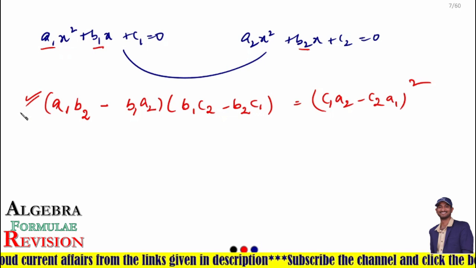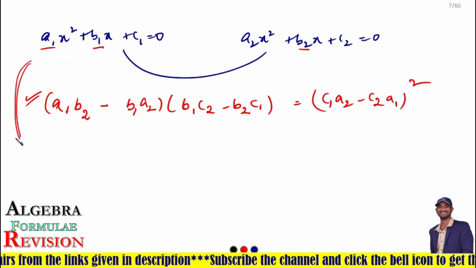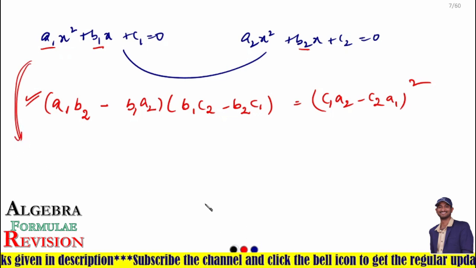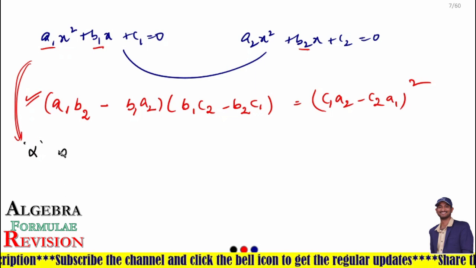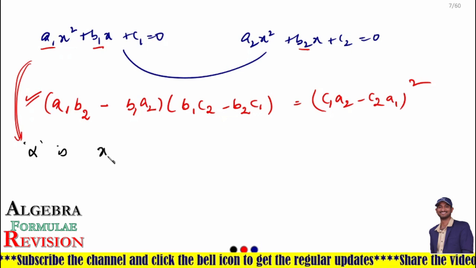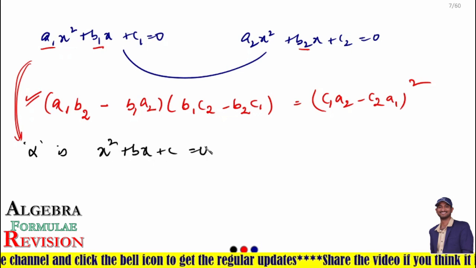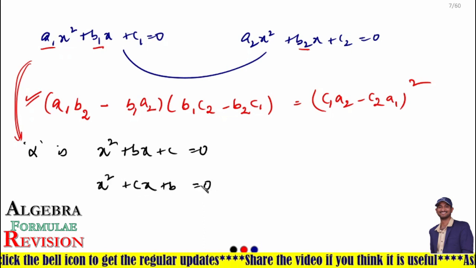And in these quadratic equations with a common root, we have a corollary. Suppose alpha is a common root for two equations like this. Observe, x square plus bx plus c equal to 0 and x square plus cx plus b equal to 0.